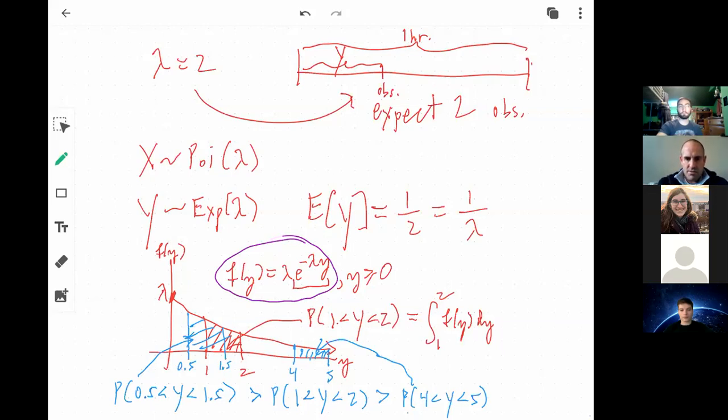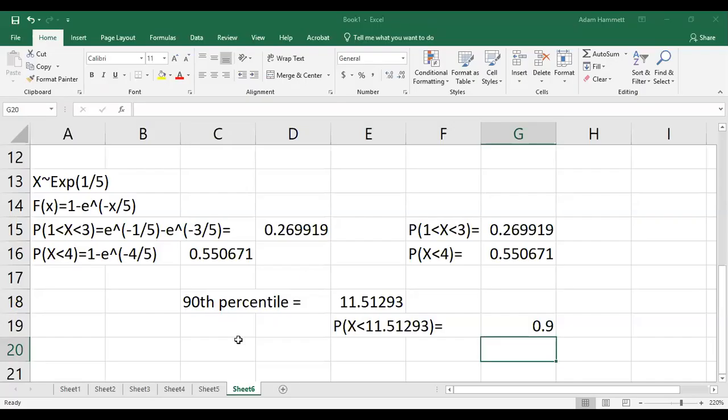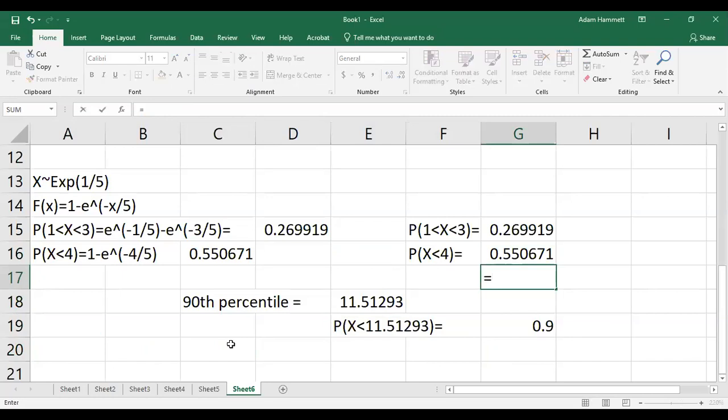So for example, let me actually go into Excel and do this. This is exactly from that thing, right? So here's the probability that X is less than 4. You guys seeing this? And what Anthony is saying is, what if instead I had said, hey, what did I have?